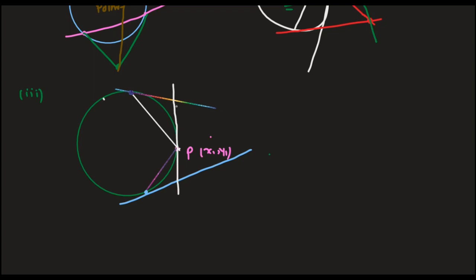What you observe is that tangent 1 and tangent 2 intersect here. So if you draw, then you will get the tangent actually.